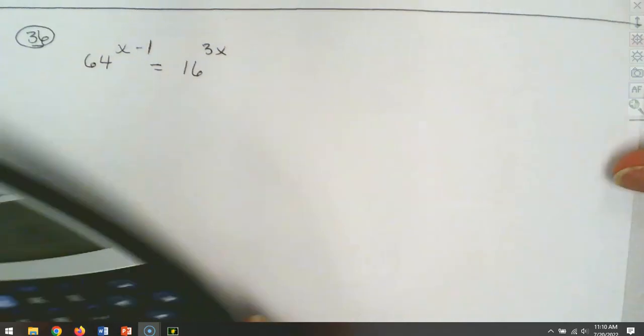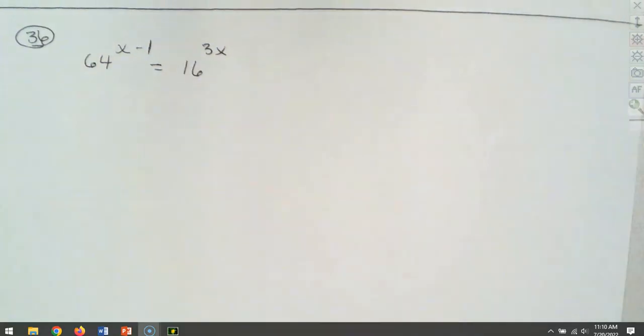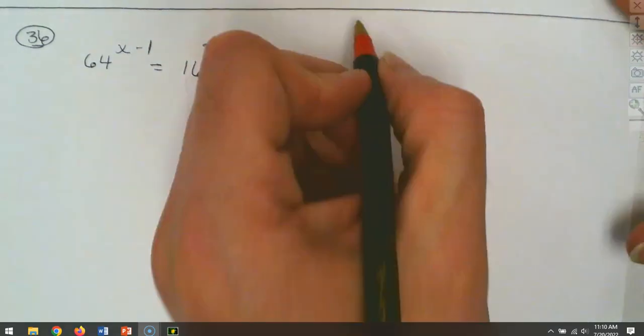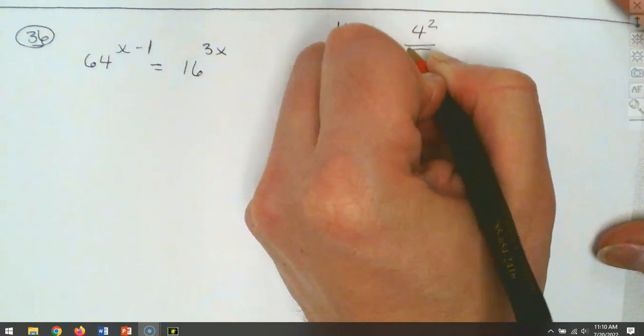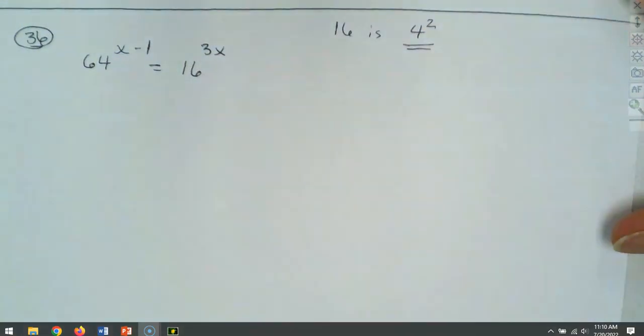However, 16 is a perfect square of 4, right? So 16 is 4 squared.